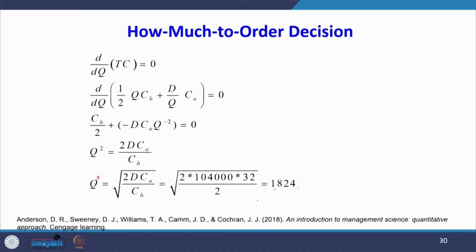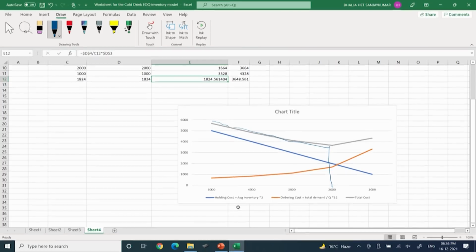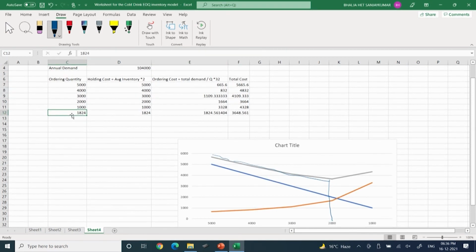So, instead of 2000, which was the approximate value, if I order 1824 units, my total inventory cost, that is the summation of ordering cost and holding cost, will be minimum. So, the total cost for Q star, that is when you order 1824, if I go back to my Excel, you see that in the last row C12, when I wrote 1824, the total cost is 3648.